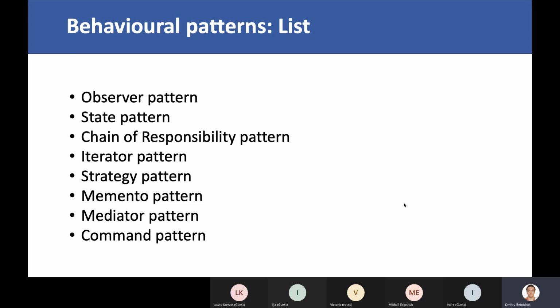Iterator pattern, again, at some point in IT history, we didn't know that having a list of something and going one by one through the list is a well-known and well-used way, and everybody just wrote their own iteration process. So people just thought, okay, let's make it official. Let's call it an iterator pattern.